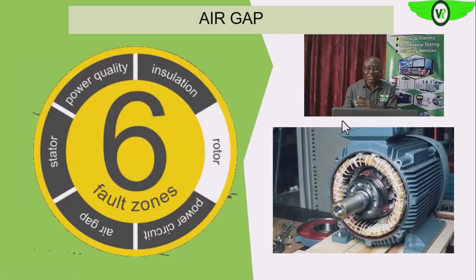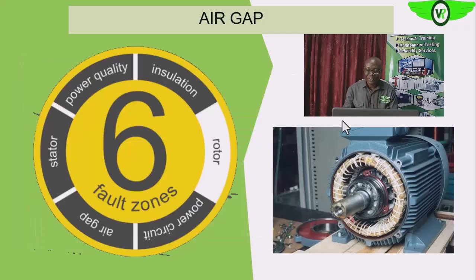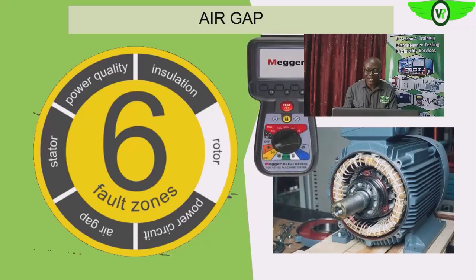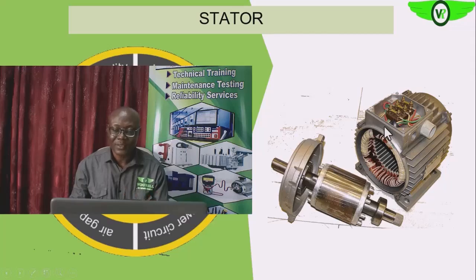So the air gap, as we talked about earlier, we use the MTR 105 mega to test the rotor influence on the stator magnetic field. So the stator itself, like we also said earlier, has the windings, so we can do the low resistance tests on each of these windings, or we can do the inductance tests. Are we getting it? To see if there is any unbalance.